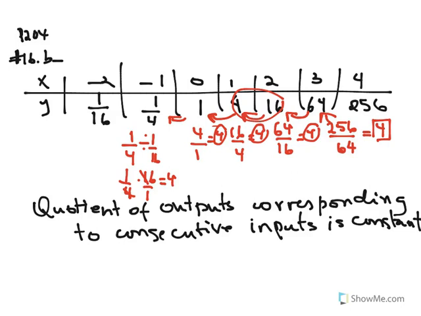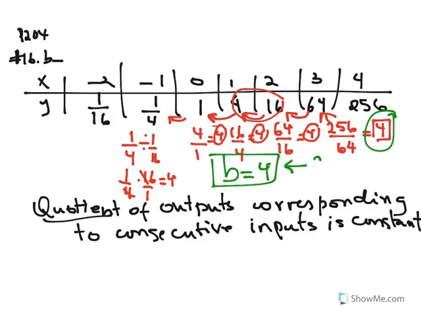Okay, so it's not the difference, it's the quotient, which means the division. So this number right here, that 4, is my b, my factor. Because in this case b is greater than 1, this is called a growth factor.